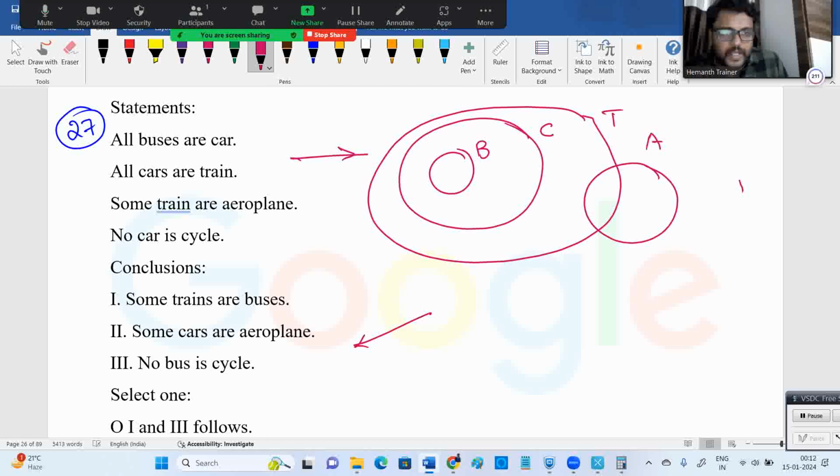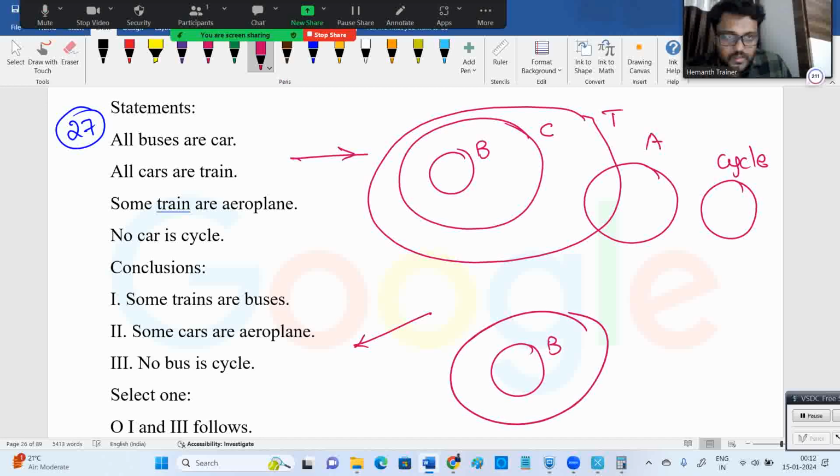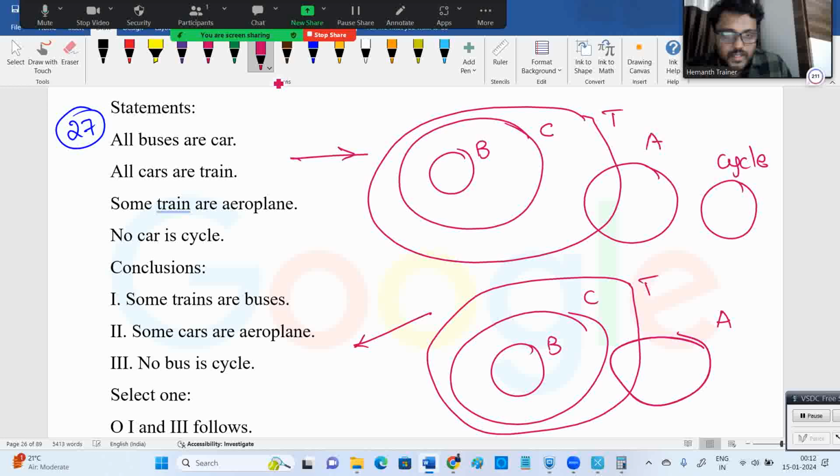No car is a cycle. Now, no bus is a cycle. I can draw like this also. Car and cycle are not connected. It can connect to train also, or cycle can connect to aeroplane also.